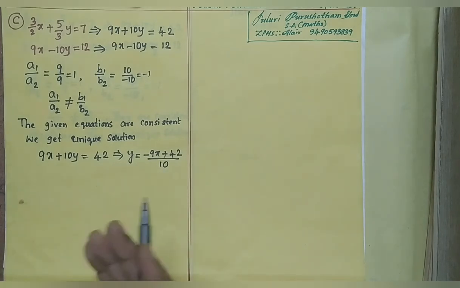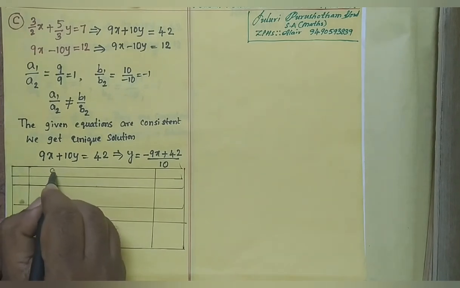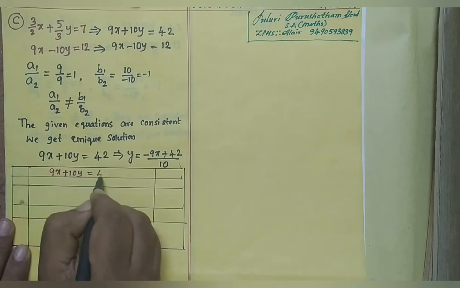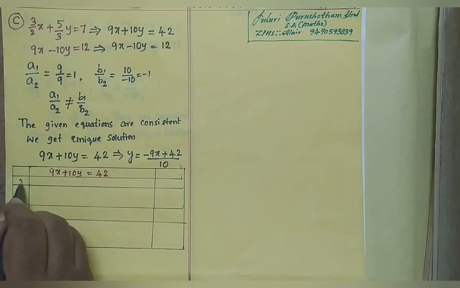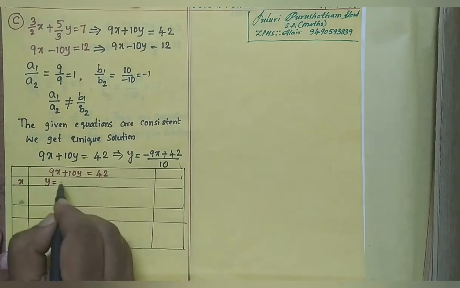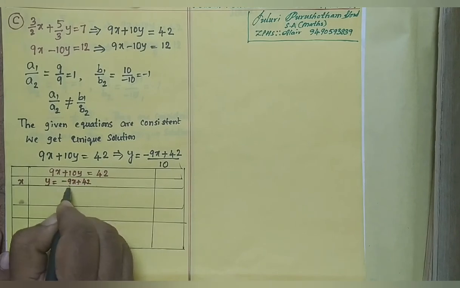And you find some ordered pairs, that is, some coordinate points. How? Children, take the given equation 9x plus 10y is equal to 42. I am taking this as the x value, and my subject y we have written as minus 9x plus 42 by 10.